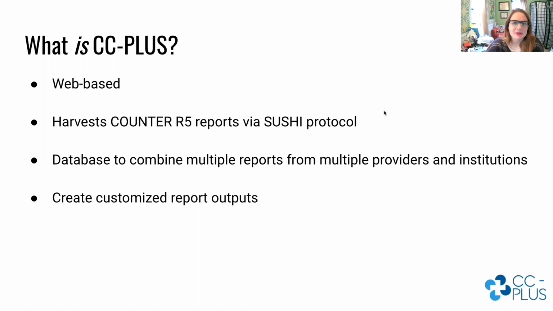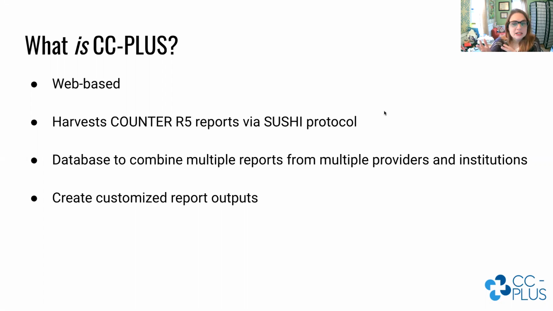What is CC+? We've talked about a lot of really broad ideas so far, but what have we actually created? So CC+ is a web-based application that harvests Counter 5 reports using the Sushi protocol. And then it puts those reports into a database and it combines multiple reports from multiple providers and multiple institutions into the same central database so that you can then create customized reports out of it.